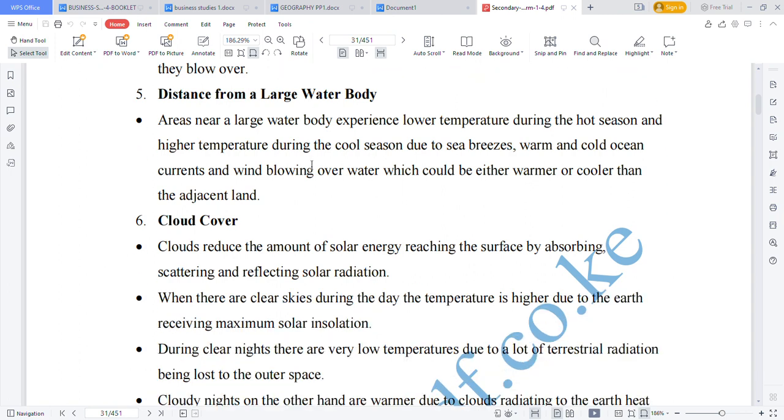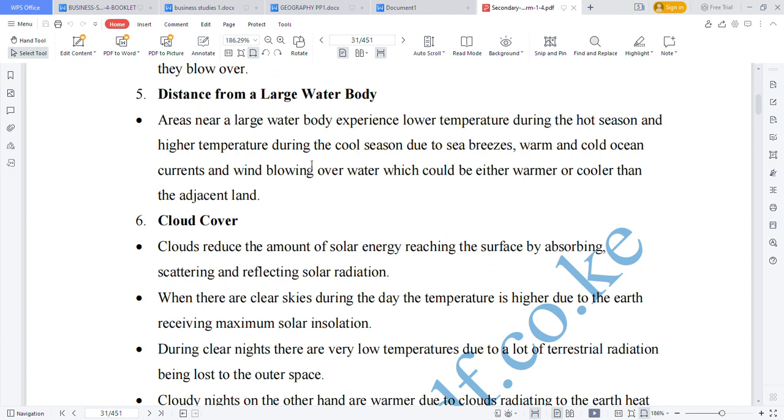Number 5, remember we are talking about factors influencing temperature. Number 5, we are going to talk about distance from a large water body.